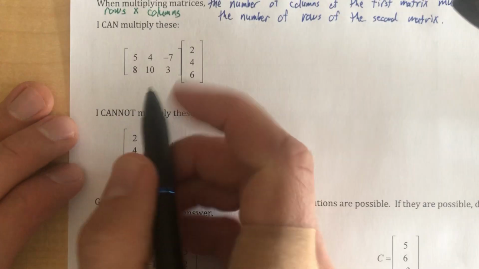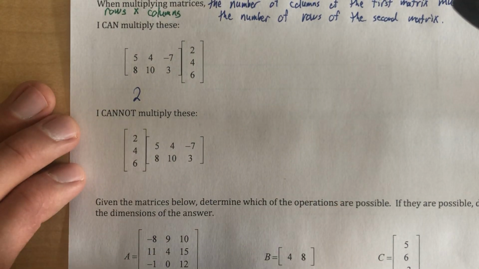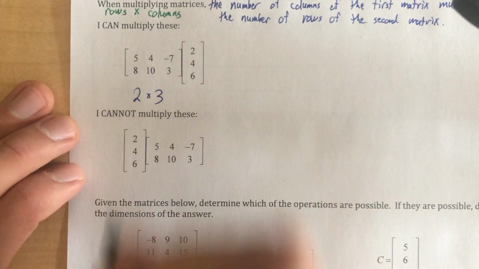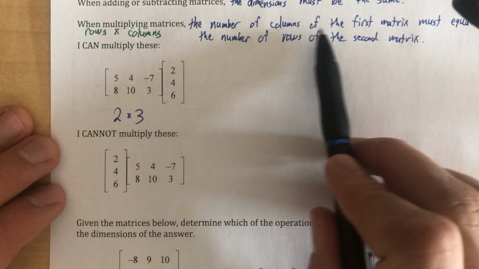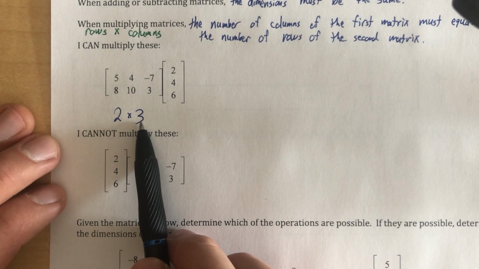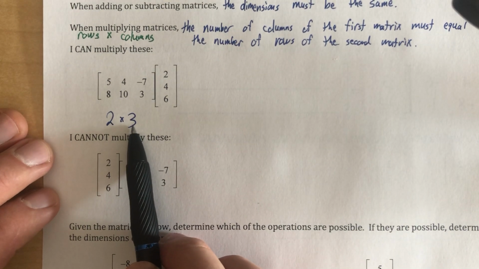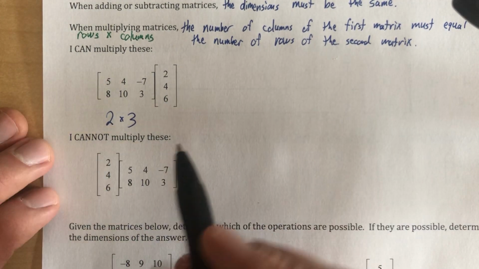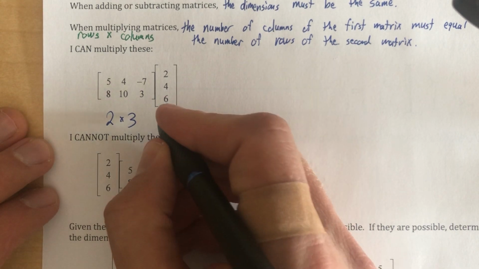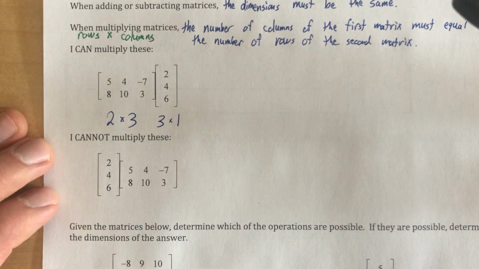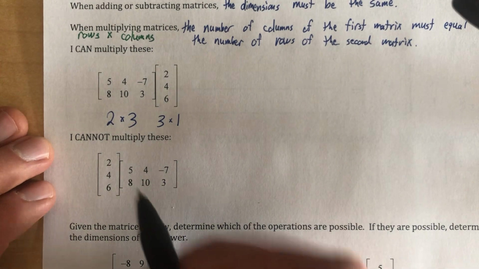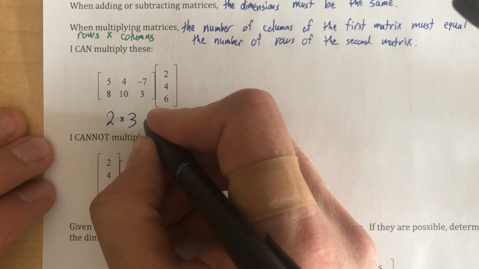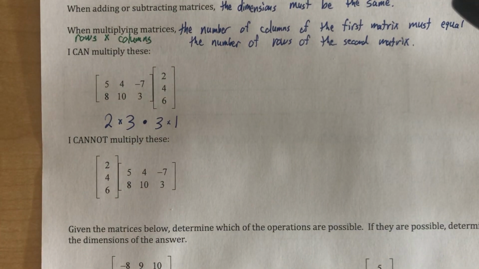So let's do it. I can multiply these, and here's the reason I can. This matrix right here has 2 rows and 3 columns. All right, so let's just pause that thought and read the sentence again. The number of columns of the first matrix, okay, 3 columns, must equal the number of rows of the second matrix. Well, the second matrix has 3 rows and 1 column. And just so I'm clear on what I'm multiplying here, instead of putting another X, I'm going to put a dot because sometimes that means multiplication as well.